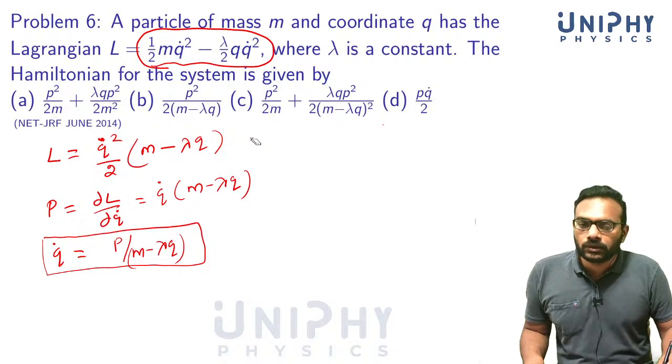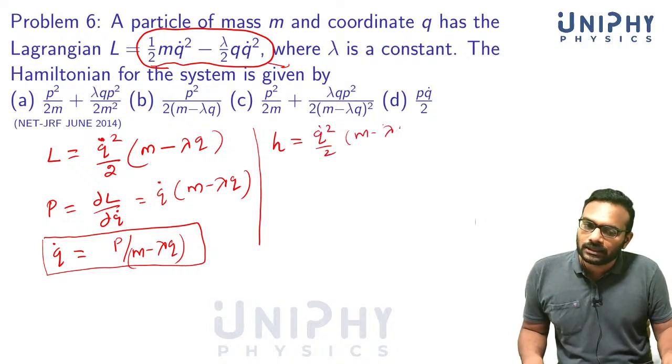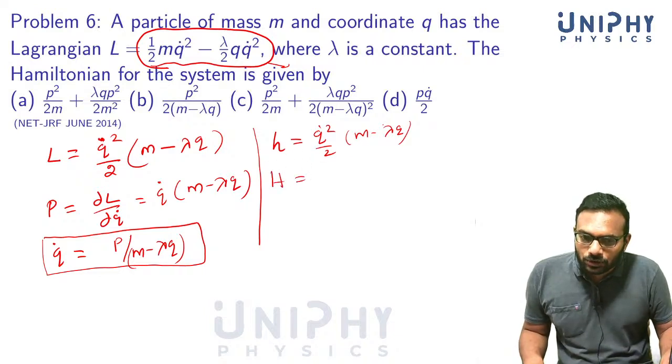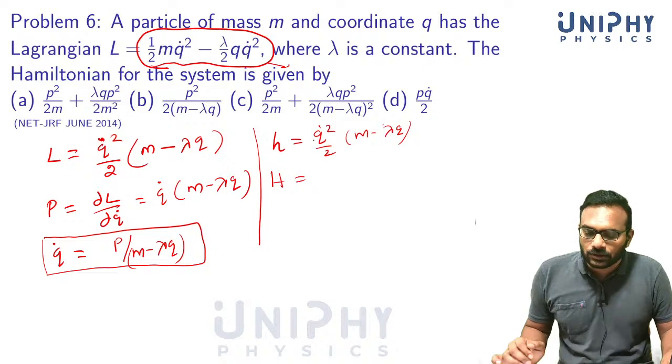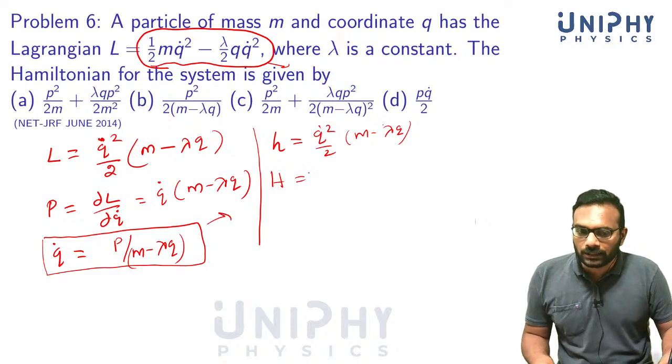What do we do now? We have the momentum, and since this only has the kinetic energy term, the Hamiltonian, or the energy function, is simply q dot square by 2 times m minus lambda q. But the Hamiltonian should not have any q dot, so you have to eliminate q dot in favor of p. We have the expression of q dot in terms of p, so you just substitute it here.